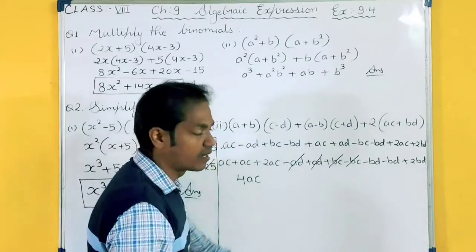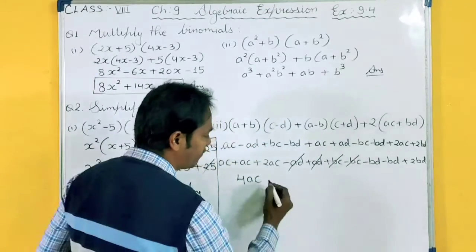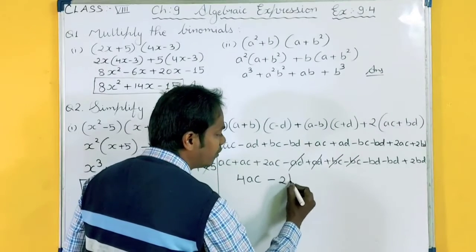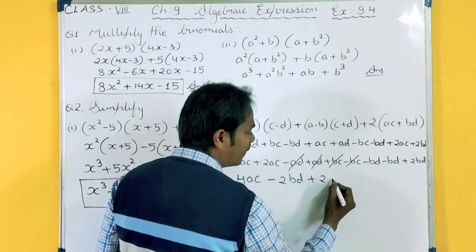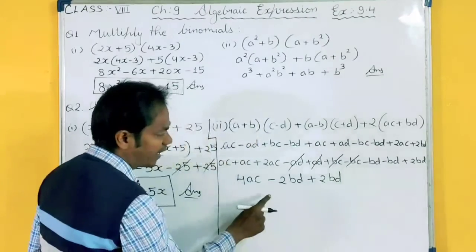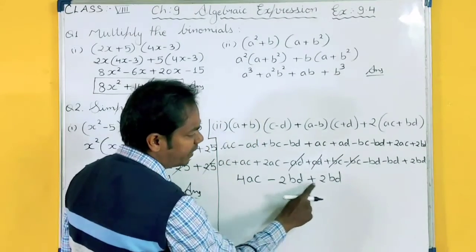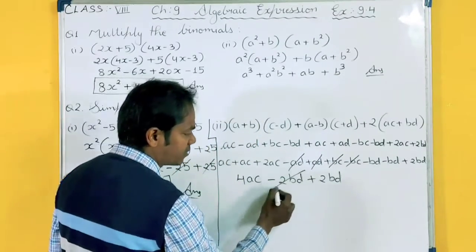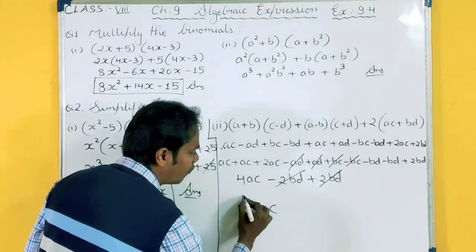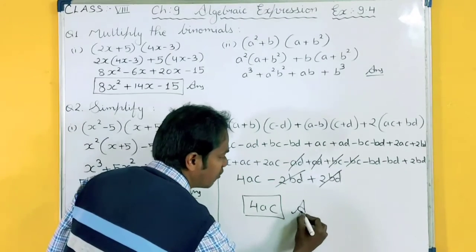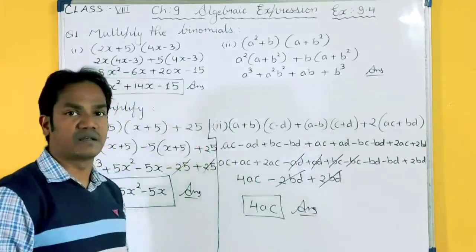Minus BD and minus BD will become minus 2BD and this is plus 2BD. Again minus 2BD and plus 2BD are the same, so you can reduce. So what is remaining at last? 4AC. So this is your answer. Okay.